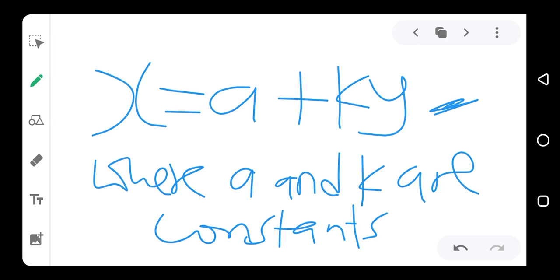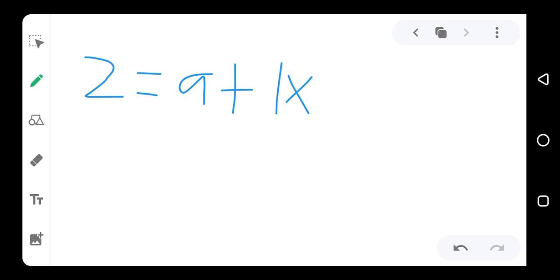So when we put it, we are going to have 2, which is x, is equal to a, which is a constant we don't know, plus k times y, which is 3.